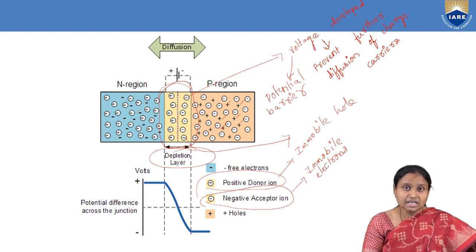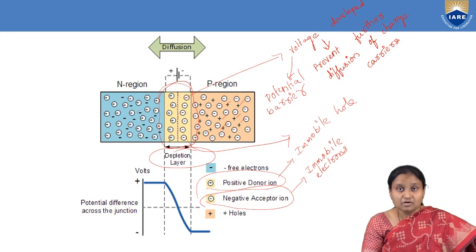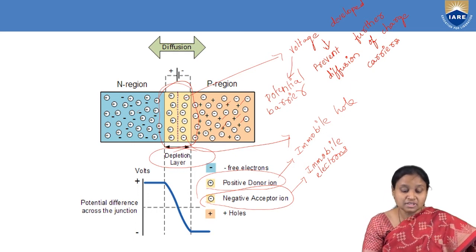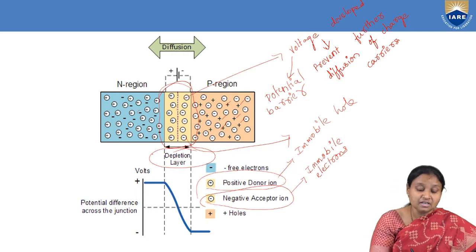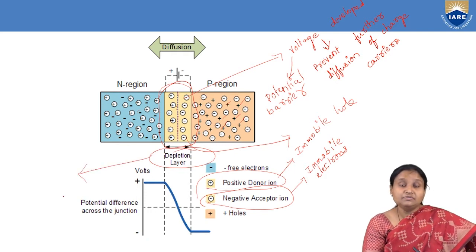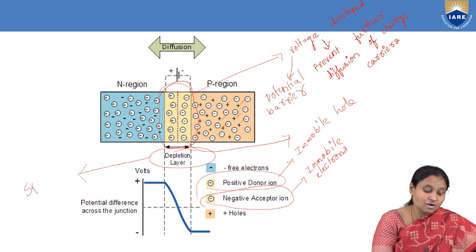Whatever charge carriers are present in this depletion layer are immobile, they are without energy, they don't take part in conduction. So this region which is separating the P region and N region has not got any mobile charge carriers. That's why it is called the depletion layer. And what is the other name we can give to this depletion layer? It is also called the space charge region.